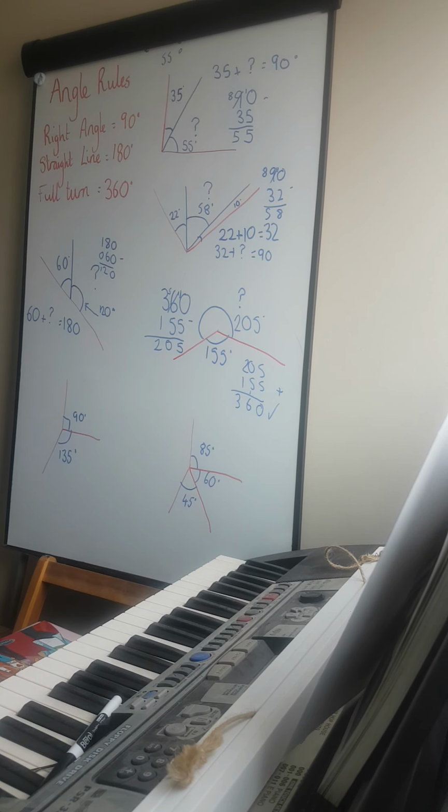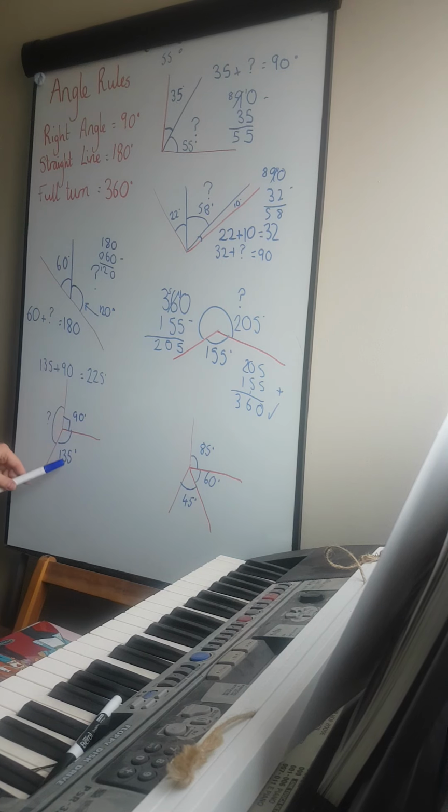Our next one, we've got the same again. We've got 135 add 90 and our missing angle, and it equals 360. So first of all, 135 add 90 equals 225.